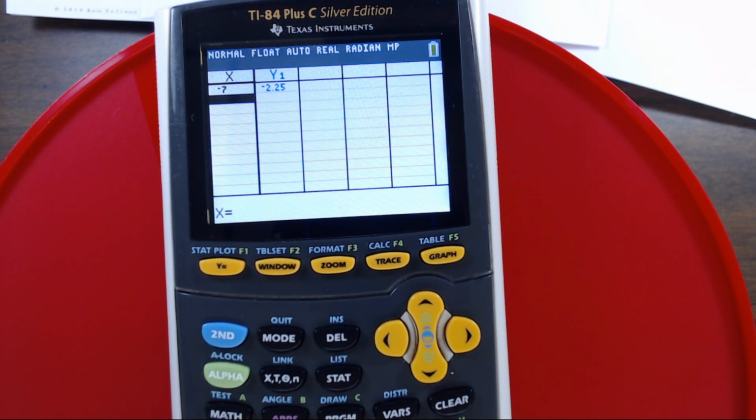If I wanted to know what the y-intercept of this was just to prove it, put in 0 for x. Should give me 3. Yep, it does. Put in negative 2 to check the vertex. Should give me 4. It does. Right?